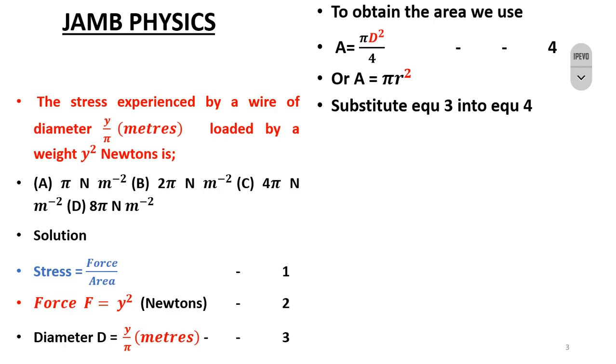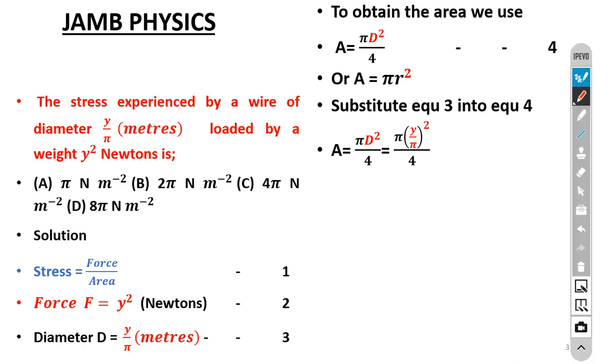Okay, so here we have area equals to pi d square over 4. So we are going to substitute equation 3, which is the value for the diameter, into equation 4, and then we simplify. When we do that, we arrive at this point. This is the initial expression.